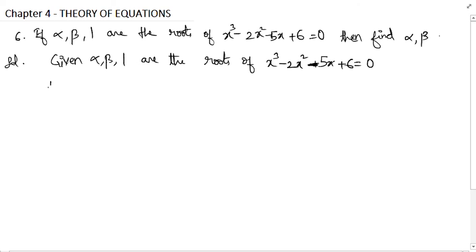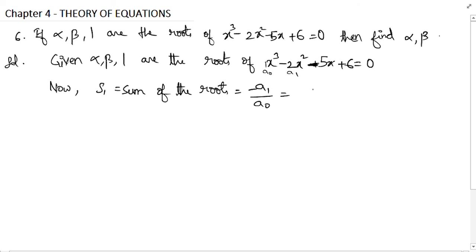So now the sum of the roots, S1, is equal to minus a1 by a0. This is a0 and this is a1.